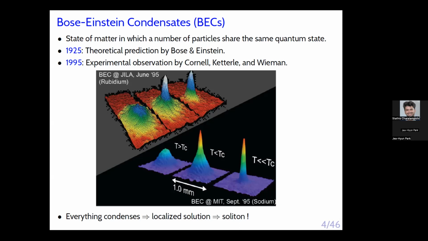And something magic happens: you have this overpopulation of those particles in regions of space. For us in applied mathematics, we like to think of them as localized pulses, as localized solutions that we call solitons.